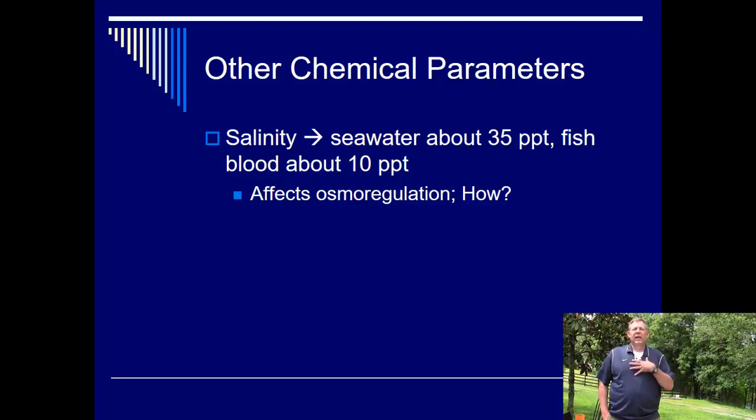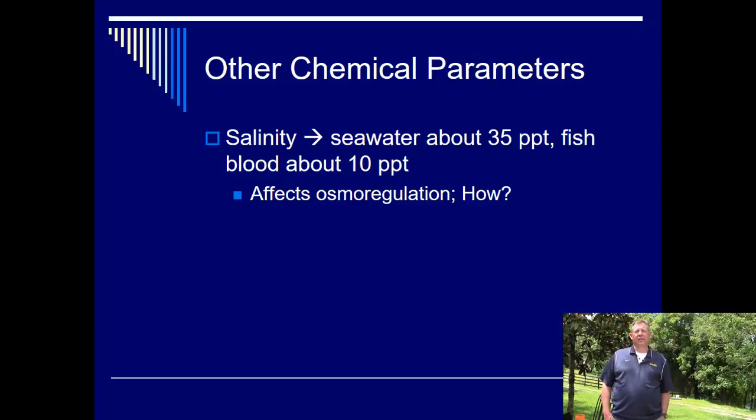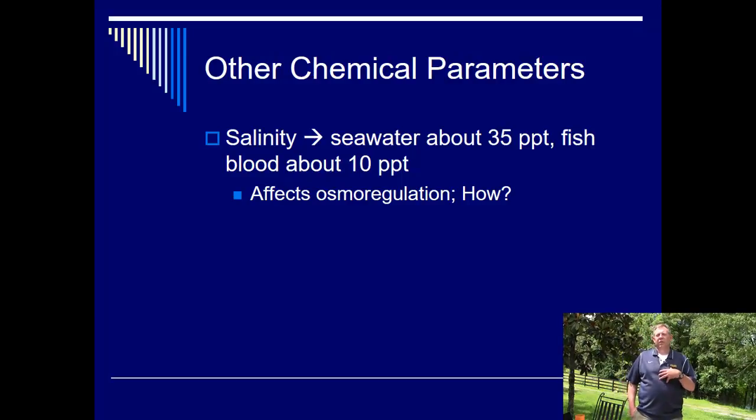Freshwater fish, their inside is about 10 parts per thousand salinity. Of course, they're in fresh water, which is about 0 parts per thousand salinity. There's not much salinity there. So they are saltier than the water in which they swim. So which way is the water going to go? Into the fish or out of the fish?